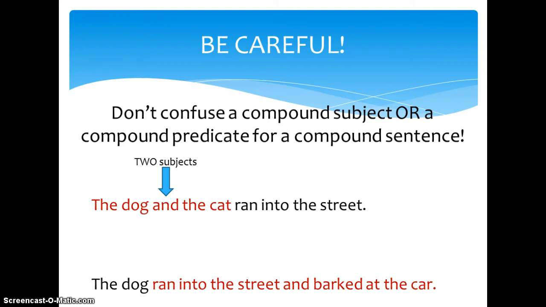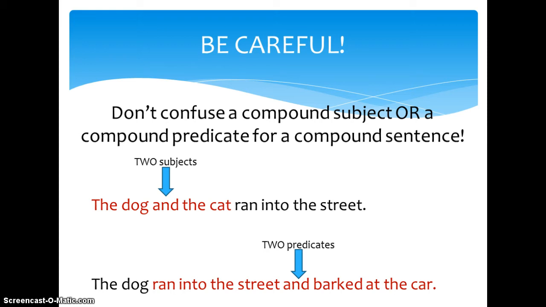Therefore, this is not a compound sentence because there is not a complete subject before the conjunction and a complete subject after the conjunction. Let's take a look at our second example. The dog ran into the street and barked at the car. Here we have just one subject, the dog, but we have two predicates, ran into the street and barked at the car. The dog did both of those things.